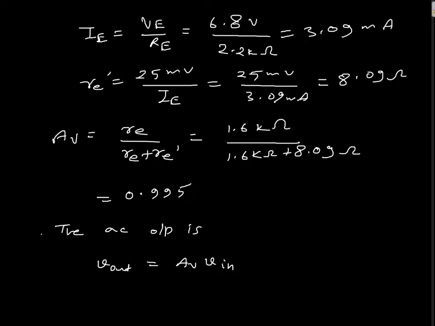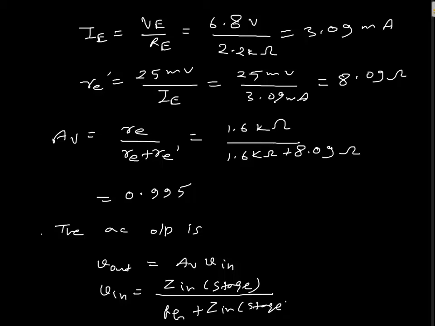So if we continue our analysis, the formula we first wrote is V out equals AV into V in. Now what is V in? V in will be Z in of stage divided by Rg plus Z in of stage, into Vg.